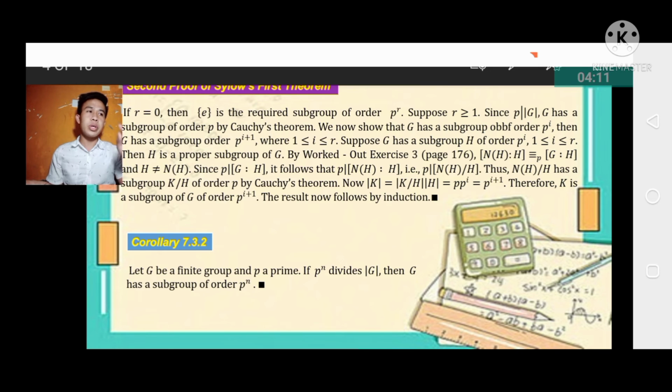That is the order, the cardinality, the number of elements in the finite group G. So as I said a while ago, if our finite group G is 3 to the raised of 1 times 2, its equivalent result is 6. So p to the raised of n divides the order of the group G. It is really hard to discuss this in a virtual mode of learning.